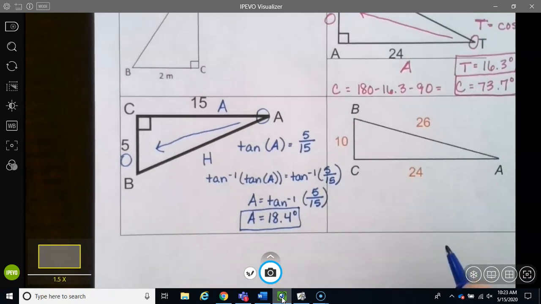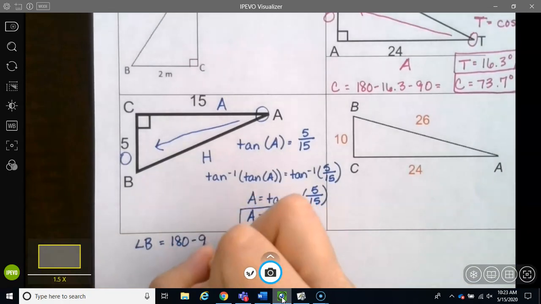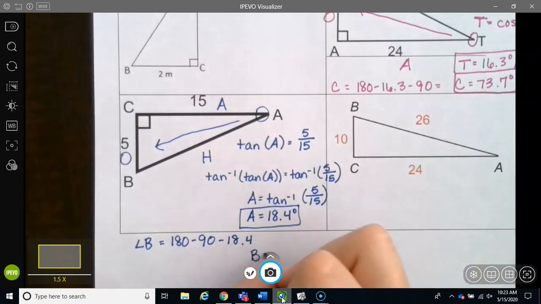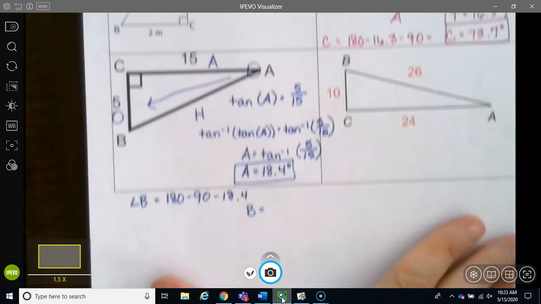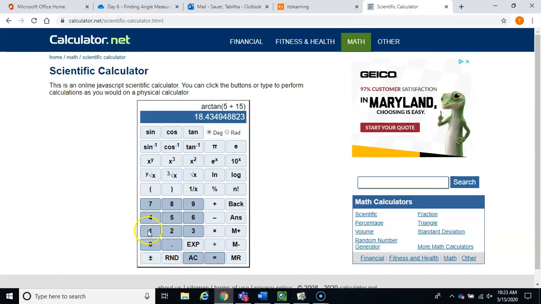Now we got to find angle B. So angle B equals 180 minus 90 minus 18.4. So 180 minus 90. Oh shoot, I forgot to clear it out. So 180 minus 90 minus 18.4. We get 71.6.